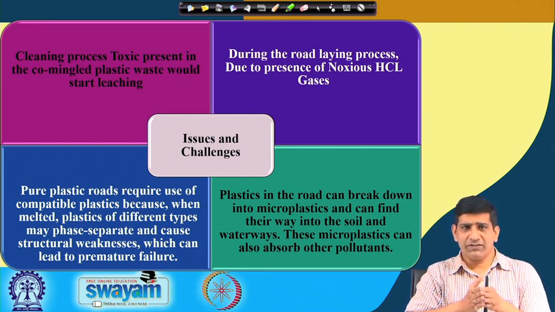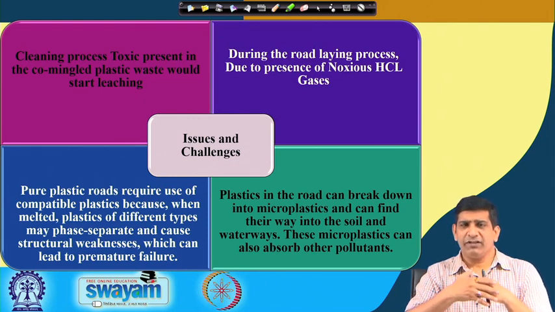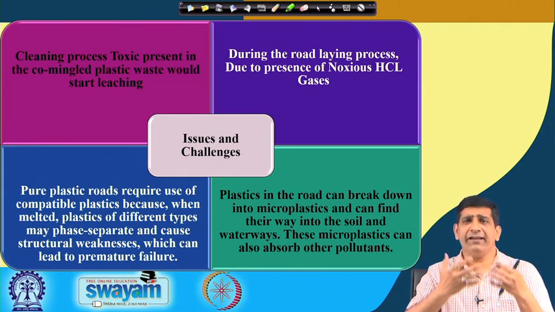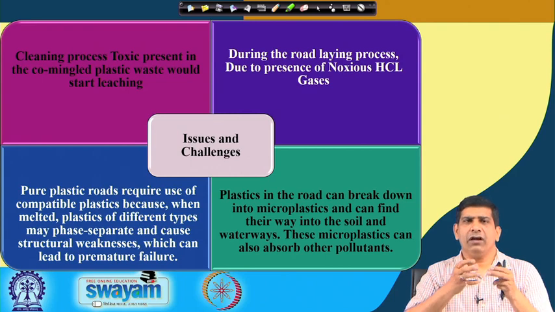Another issue that we are worried about is microplastics coming out from this plastic waste. Although this plastic is encapsulated with asphalt, so usually we should not have a problem, with the wear and tear of roads, with so many vehicles going back and forth, there will be instances of breaking down.